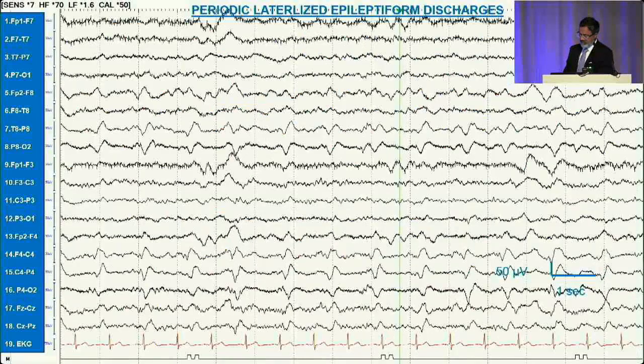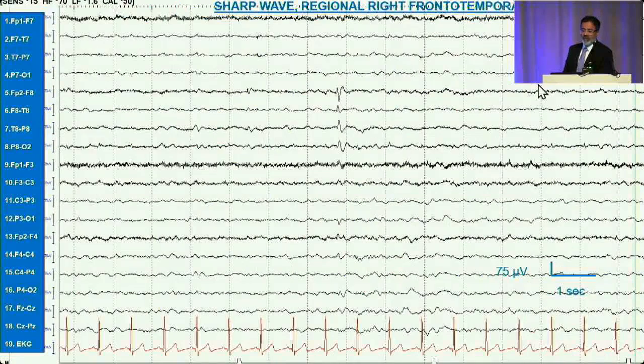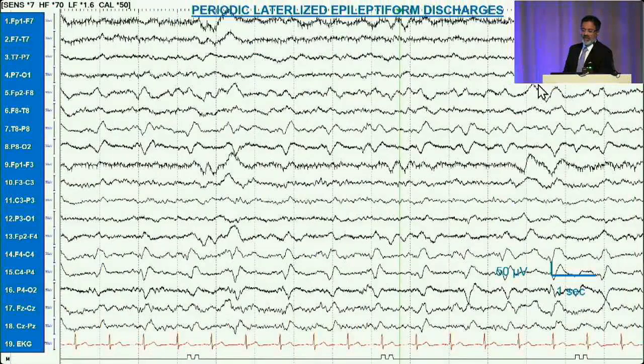Okay. Here's a discharge that's called a periodic lateralized epileptiform discharge. In this situation, we're seeing slow waves or maybe theta waves that are maximum, that disrupt the background, that are seen lateralized to the right hemisphere. And this is a situation in a patient who has an acute structural lesion associated with epileptogenicity in that lesion.